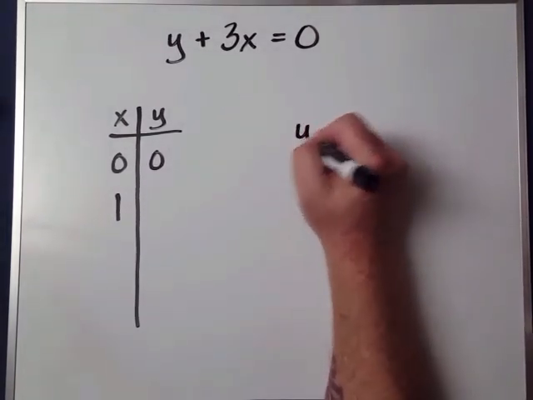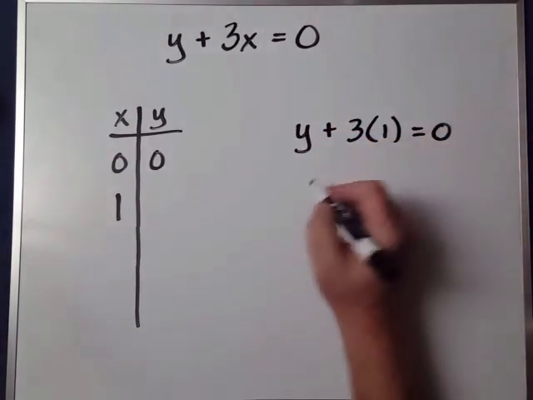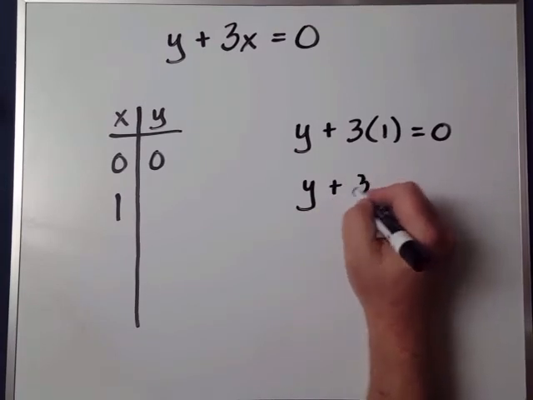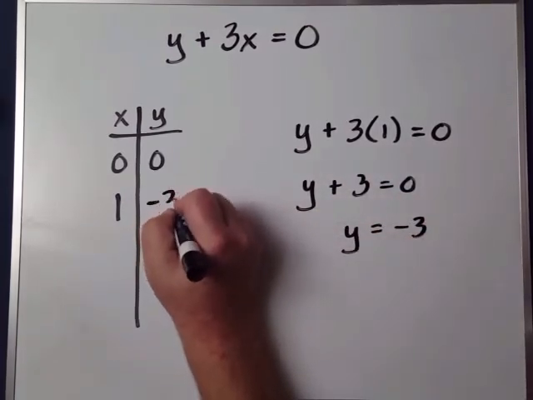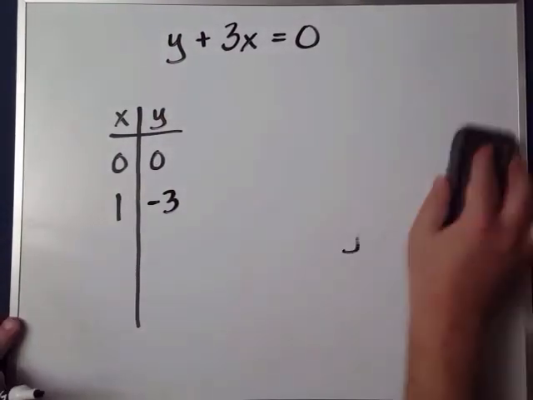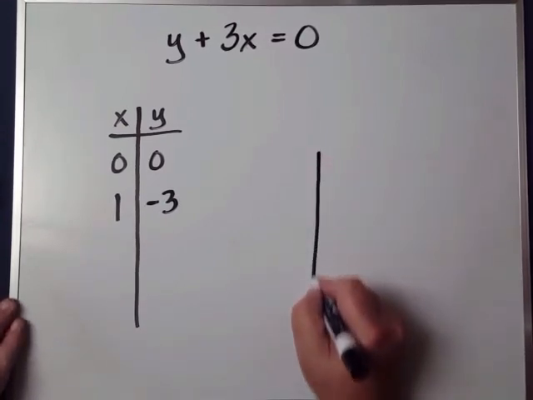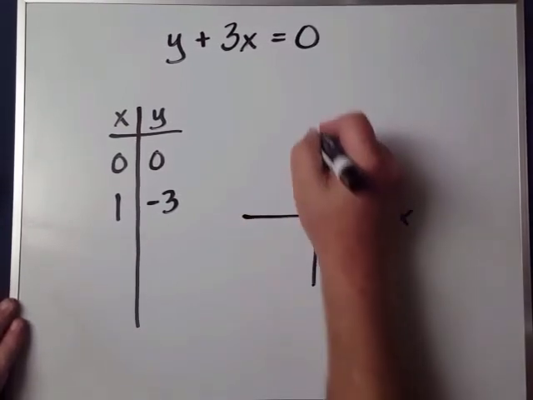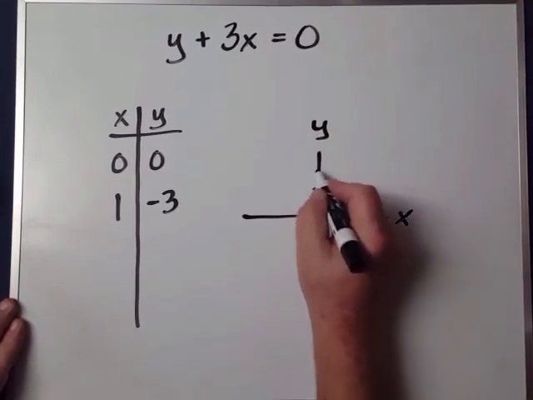Well, plugging 1 in for x, I think, is going to be about as slick as it gets here. That gives me y plus 3 equals 0, or y equals negative 3. We have 2 points. We can graph this line. I'll go out to 3 in all directions.